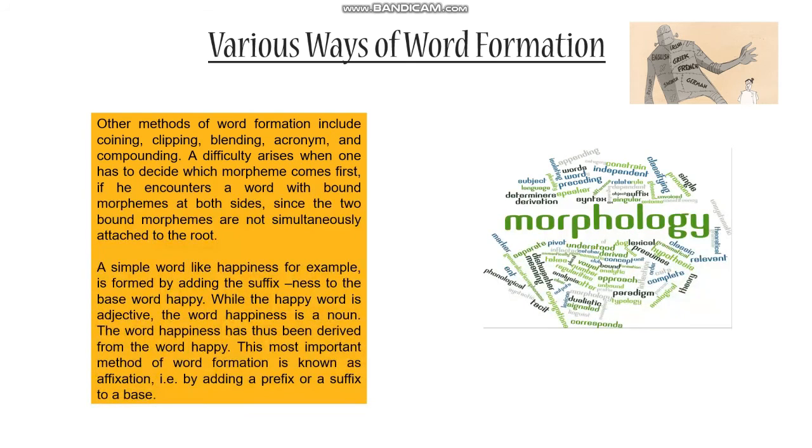A simple word like happiness, for example, is formed by adding the suffix ness to the base word happy. While the word happy is an adjective, the word happiness is a noun. The word happiness has thus been derived from the word happy.